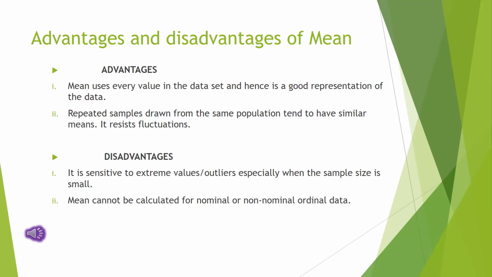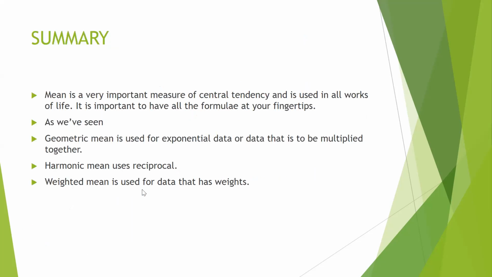So, the summary of this lesson. By the end of this lesson, you should be able to meet the 3 objectives. You should be able to state the formulae, describe the various types of mean, and tell the advantages and the disadvantages. So mean is a very important measure of central tendency, and it is used in all walks of life.